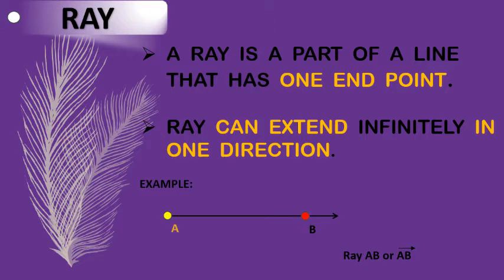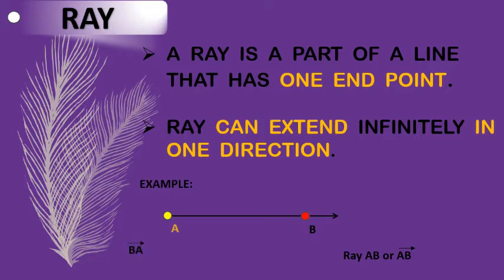It is very important to understand that this symbol shows that A is the initial point and B is the extended point. Now what if, for the same figure, I write the name of this ray as ray BA?